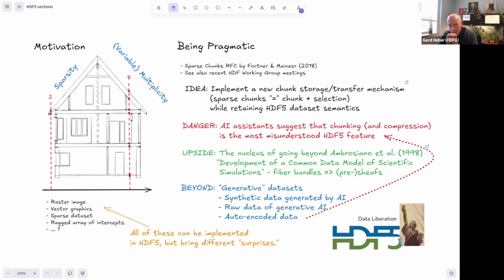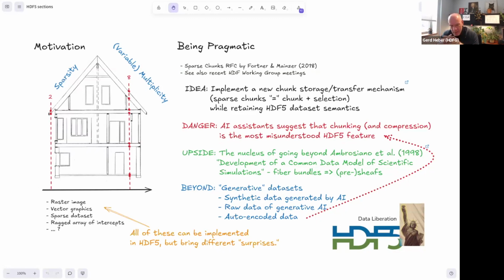And so that's a rather clever idea, and it also achieves the goal of retaining the dataset semantics, in the sense that you can do reads and writes of datasets, and if there's nothing there, you will read fill values.